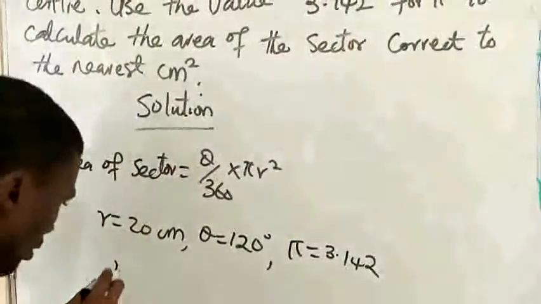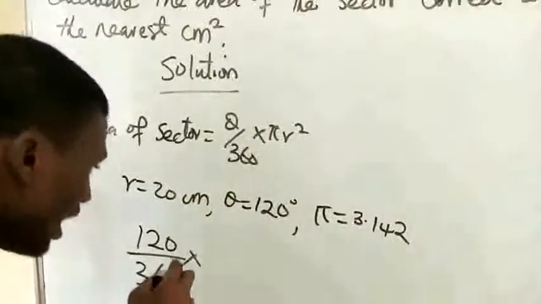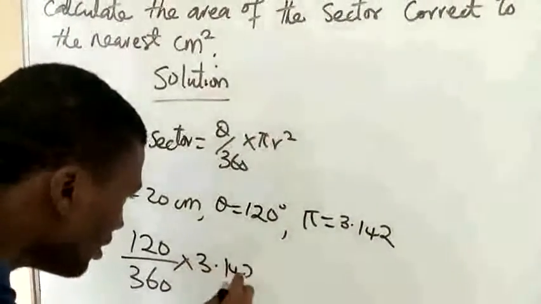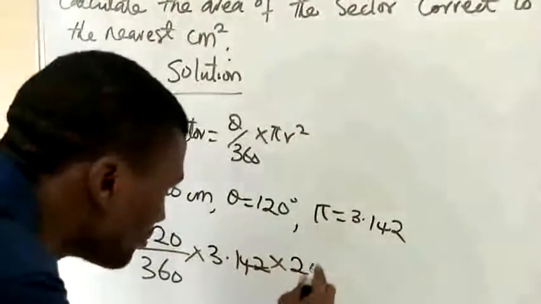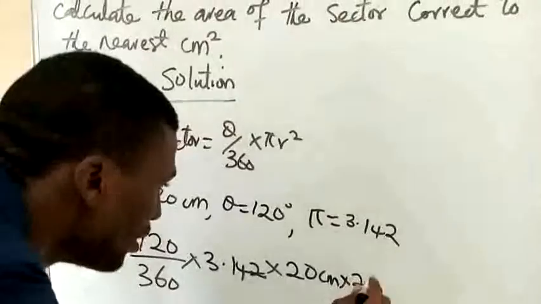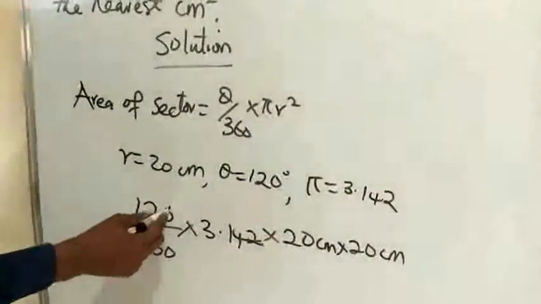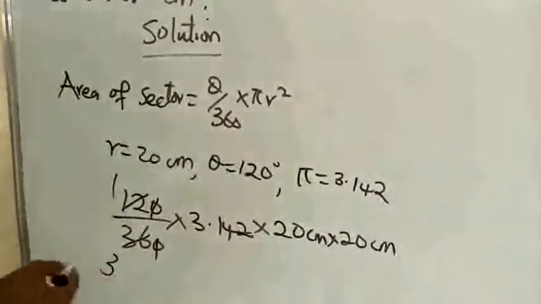Now we compute. We have 120 over 360 times 3.142 times our radius, 20 cm times 20 cm. 0 will cancel 0. 12 into itself is 1, 12 into 36 is 3.